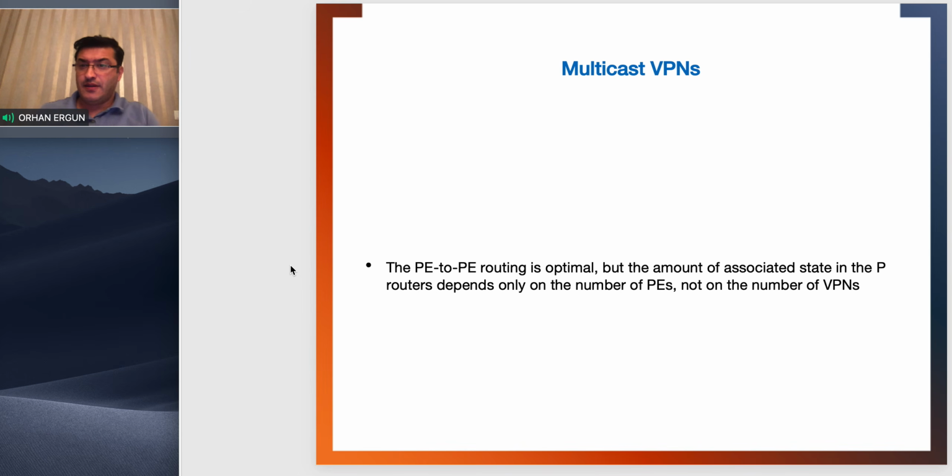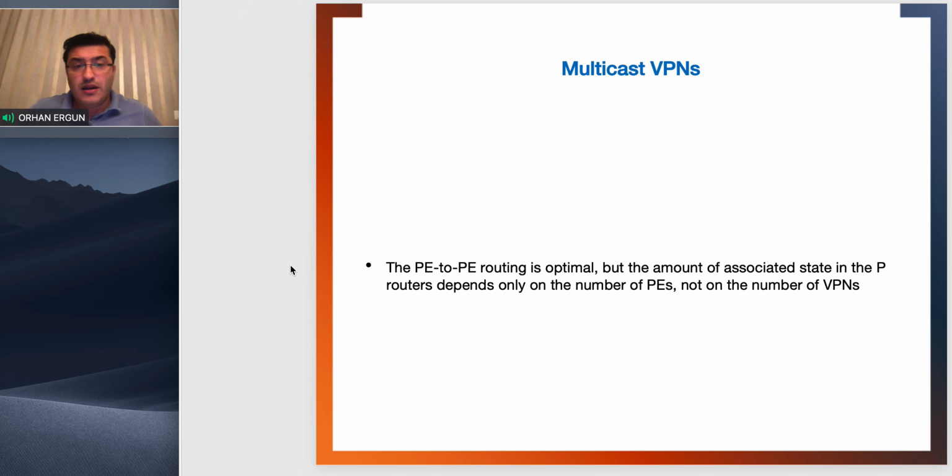Another thing, still going through the unicast and what's happening with multicast. With unicast again, RFC 4364, the PE to PE routing is optimal, but the amount of associated state in the P routers depends only on the number of PEs, not the number of VPNs. What we are saying is, P routers don't have to keep the VPN information, just the PE router reachability.